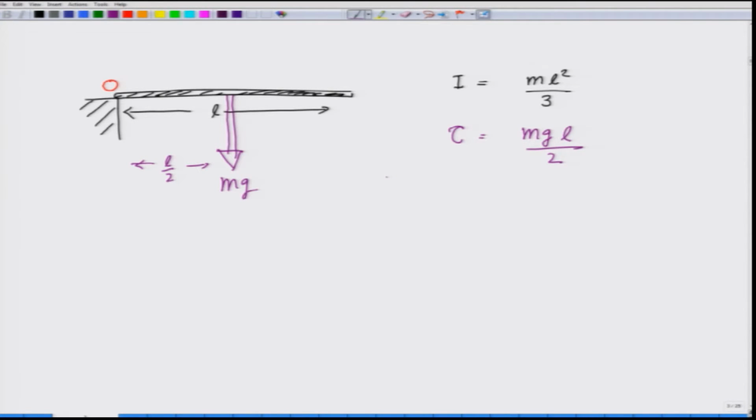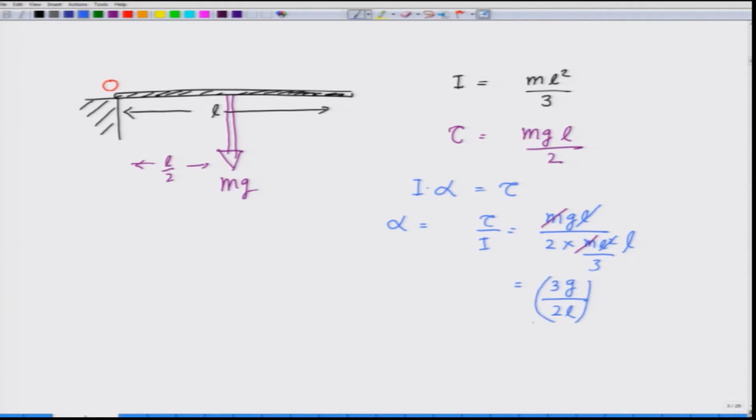Now, what we have learned about rigid body dynamics tells us that I times the angular acceleration alpha is equal to tau, and therefore alpha is tau over I, which is mgL by 2 divided by mL squared by 3. The m cancels, one L is left, and you get alpha equal to 3g over 2L.